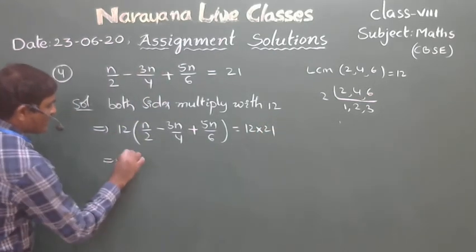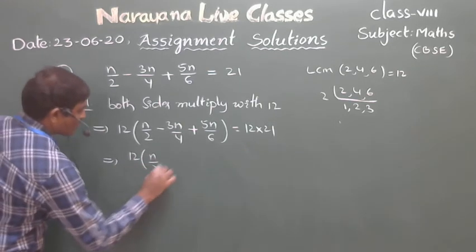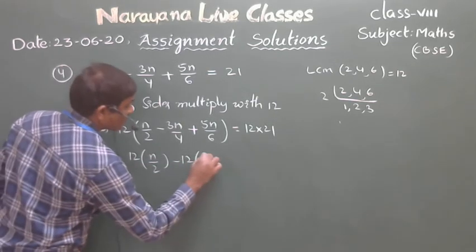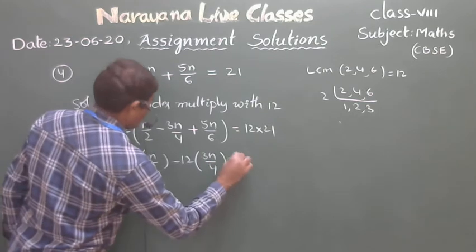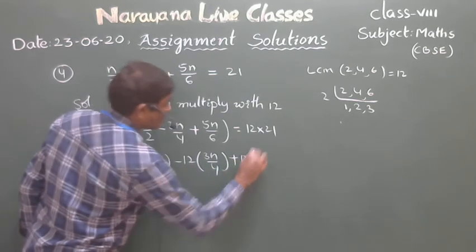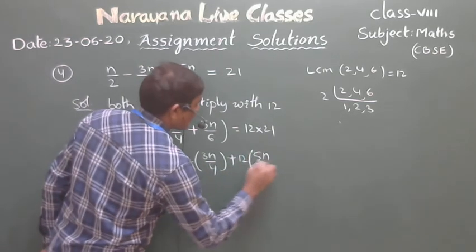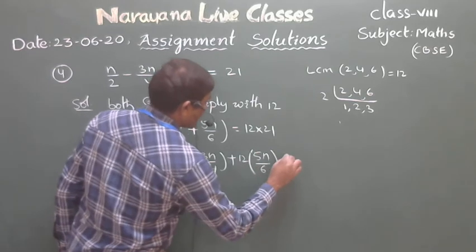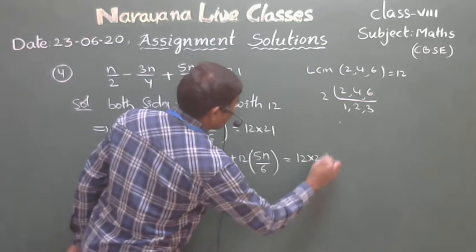That implies 12 into n by 2 minus 12 into 3n by 4 plus 12 into 5n by 6. All the terms multiply with 12, equal to 12 into 21.